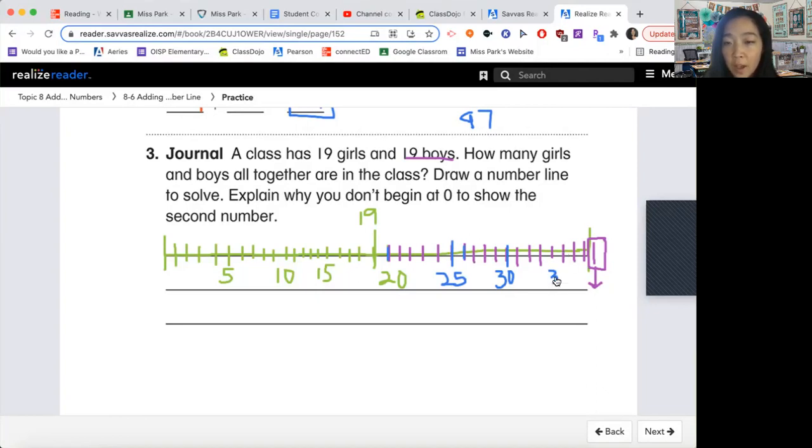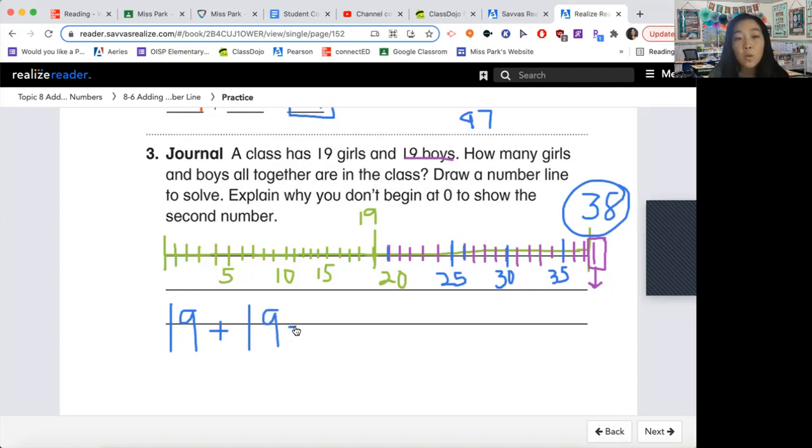So this would be 35. 36, 37, 38. So our final answer is 38. 19 plus 19 would give you a total of 38 kids in that class.